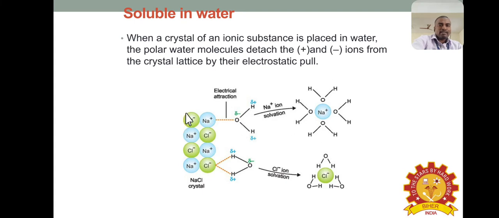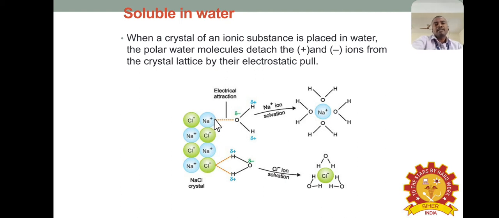When we add the simplest example, sodium chloride, to water, the sodium chloride crystal dissolves in water without applying any energy, because the lone pair of electrons present in oxygen interact with the sodium ion present in the ionic crystal, because it's electron deficient.